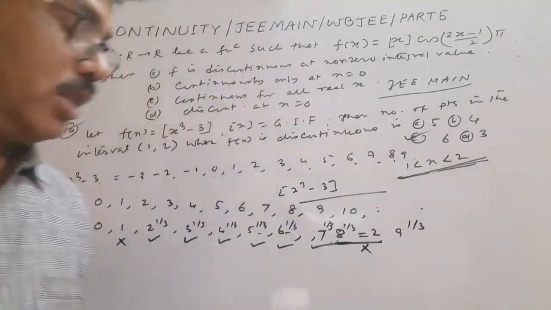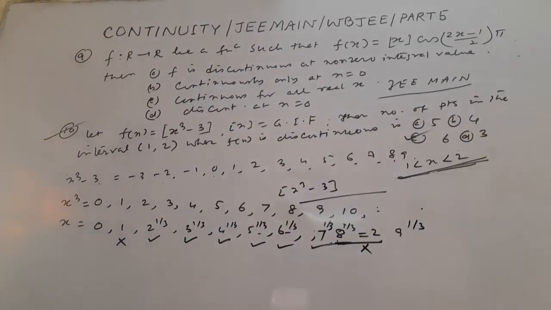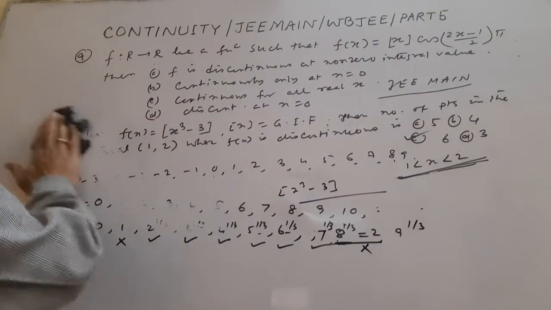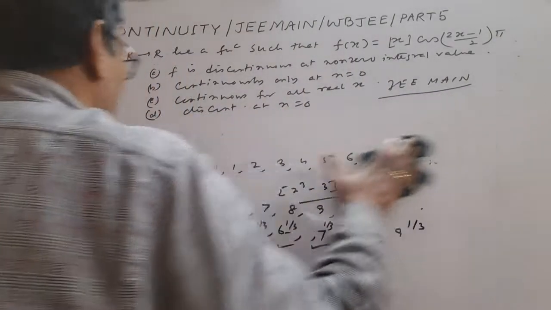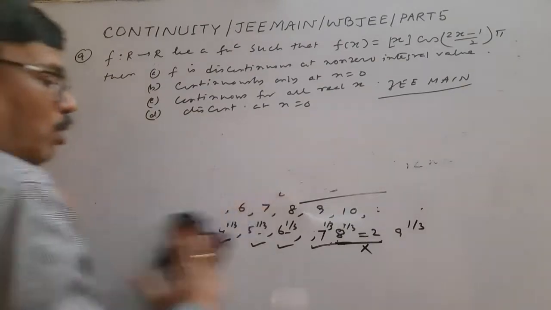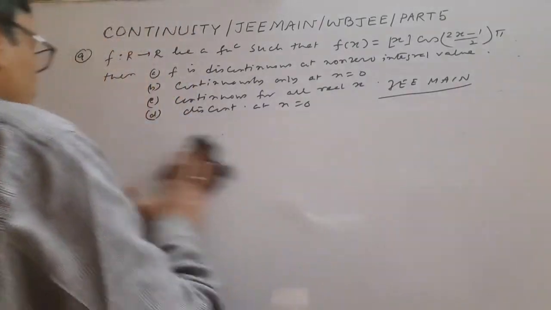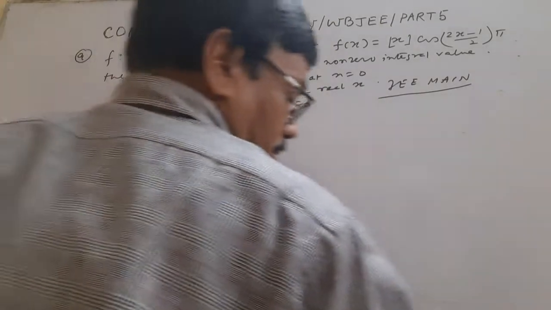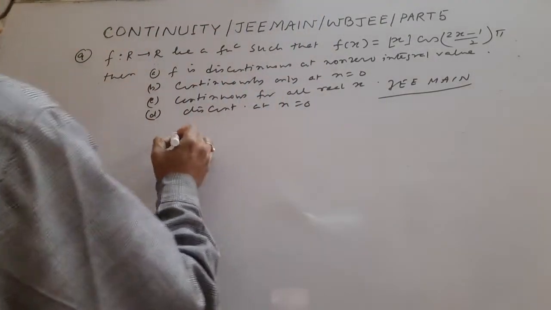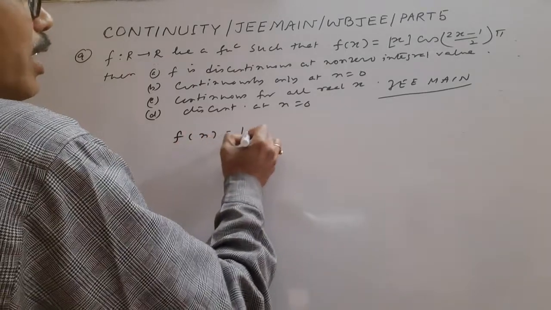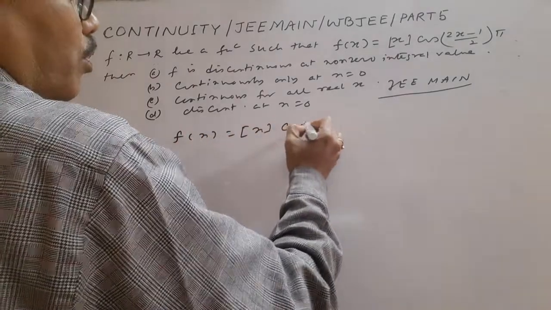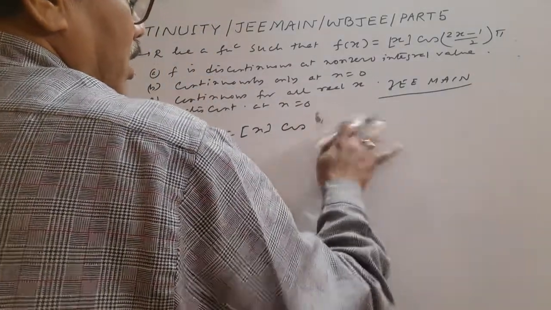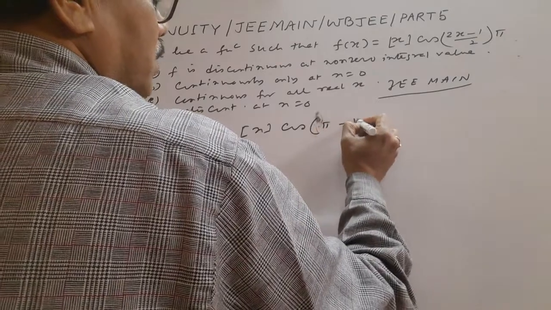So this is interesting problem. Next one, problem number 9. We have also discussed this problem. Look, try to understand in previous class. So f x equals to third bracket x into cos, so this one, you can write it as x by 2, this is pi minus pi by 2.